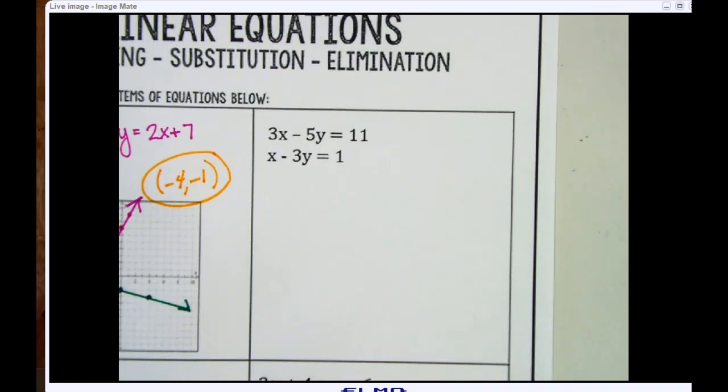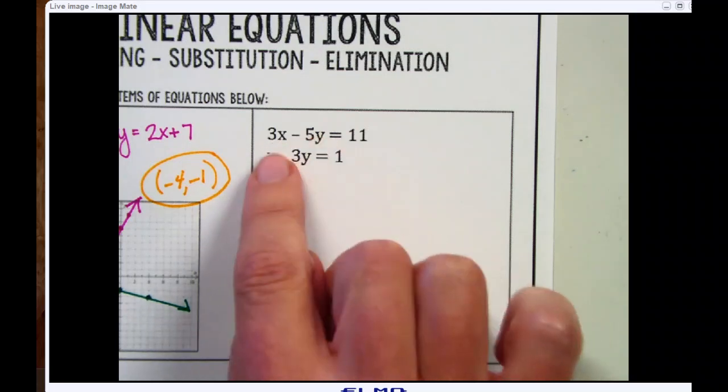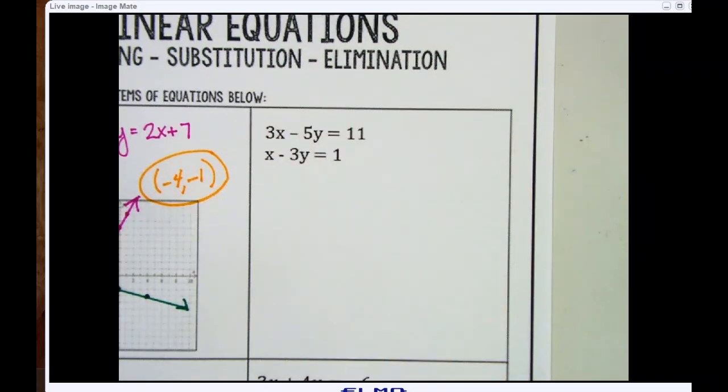So now let's remember how to do substitution and elimination. Substitution is where we get the x or the y alone and we plug it into the other one. Now I look at this. Is one of the variables in either equation easier to solve for than the other ones?